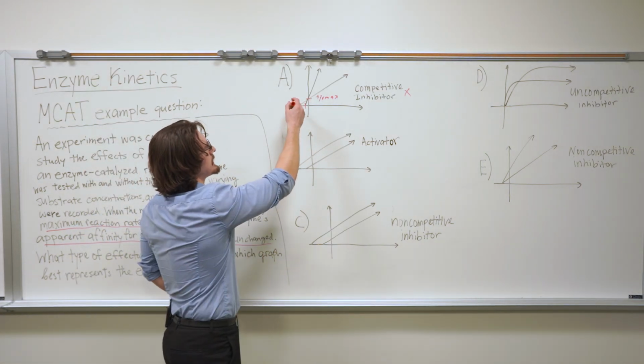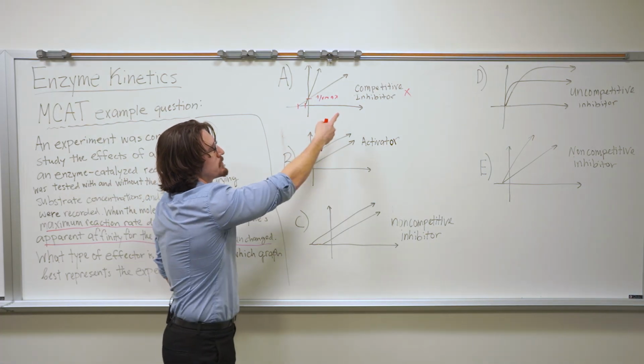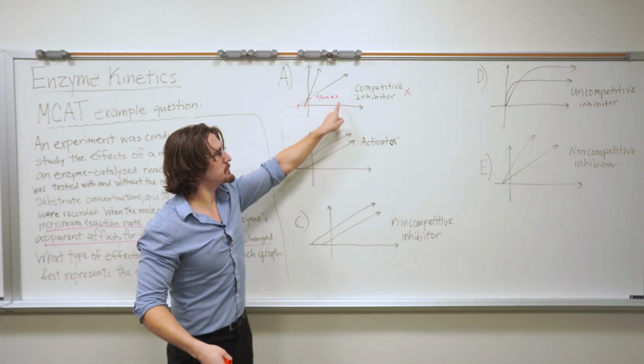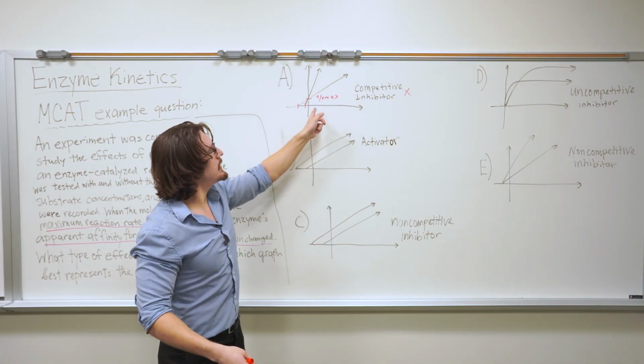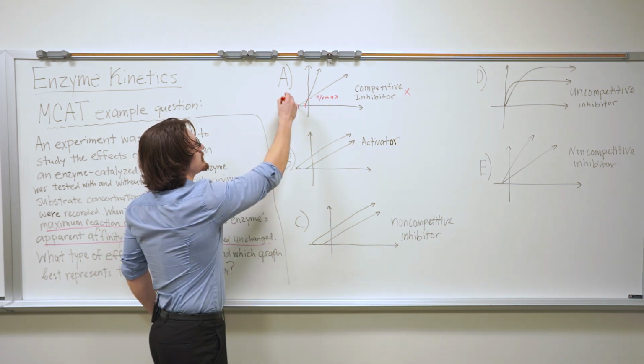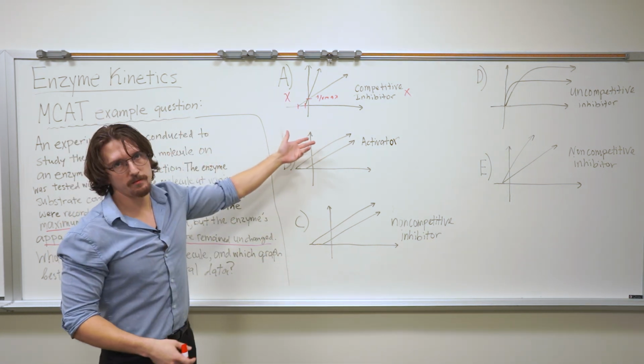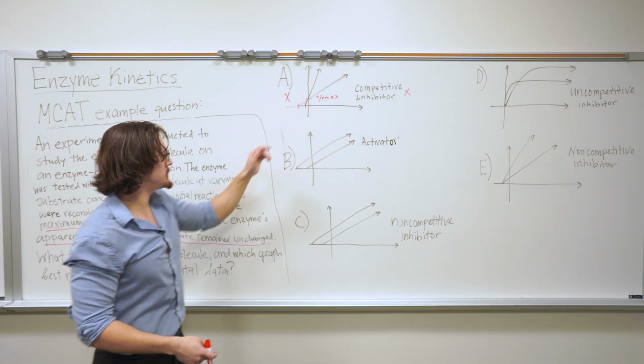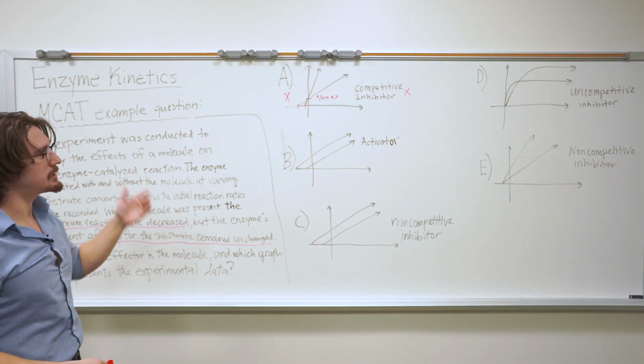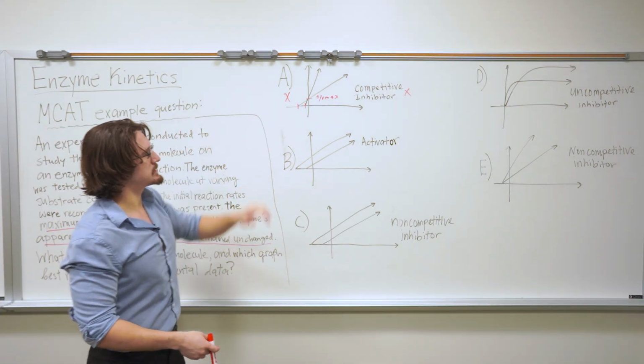So we also need to recognize that this plot does correspond to a competitive inhibitor. But again, it's not what we're looking for. This isn't a plot that's showing us any change in Vmax. In fact, the only thing that's changing is Km, which is actually the opposite of what they're saying in the question. So that's another way we can immediately rule this out.